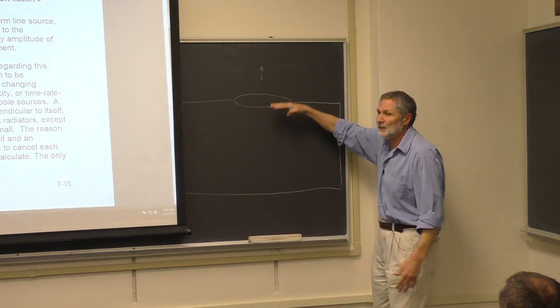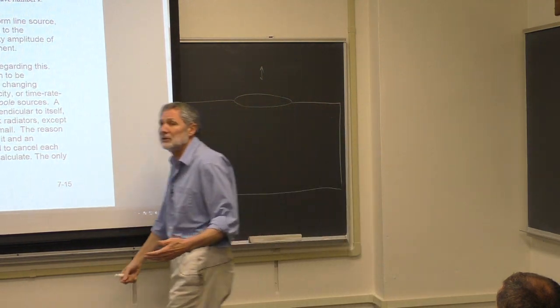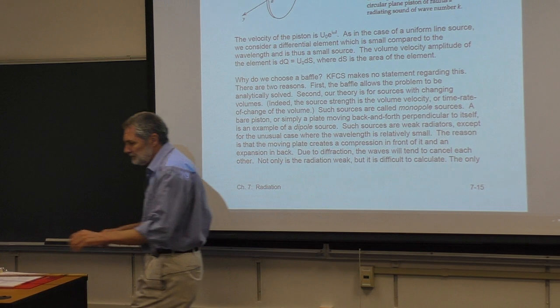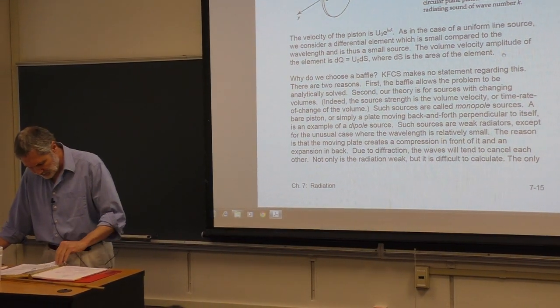Now you see that we have a volume velocity. We have a change in volume. We have a monopole source. That's the other reason, and we'll see a dramatic demonstration of this tomorrow.